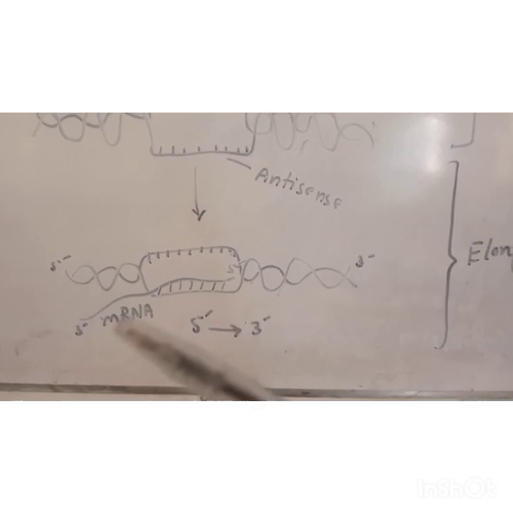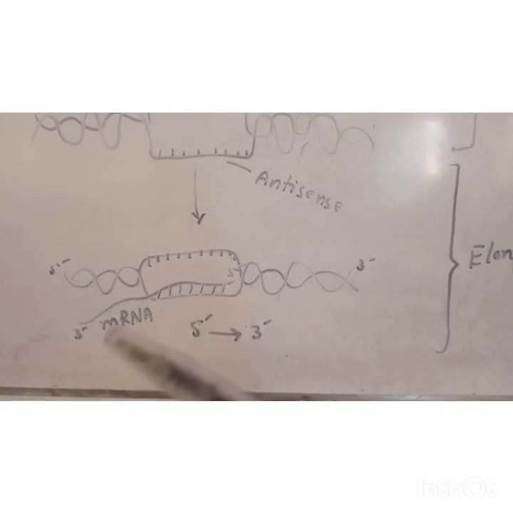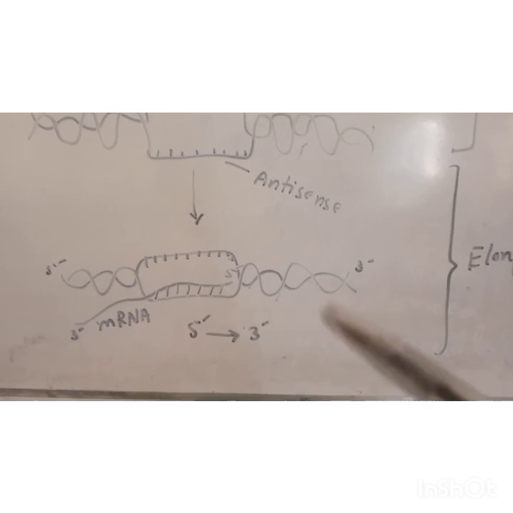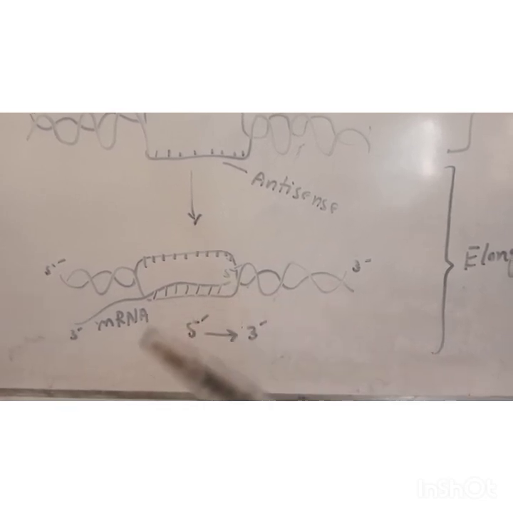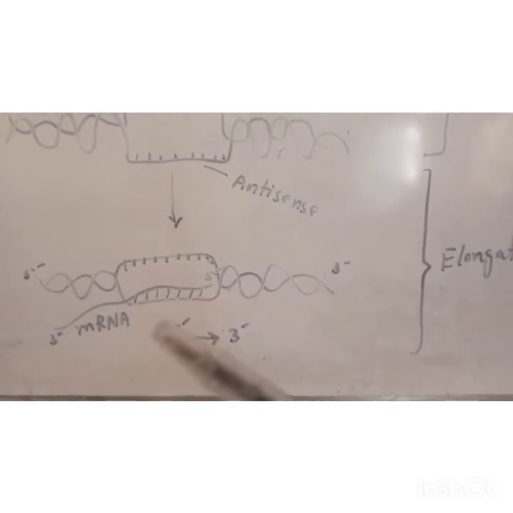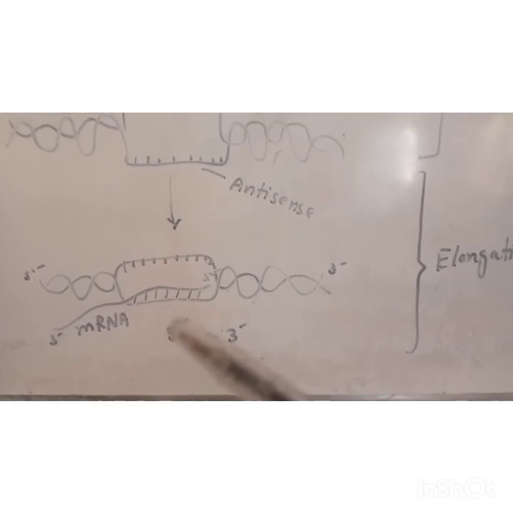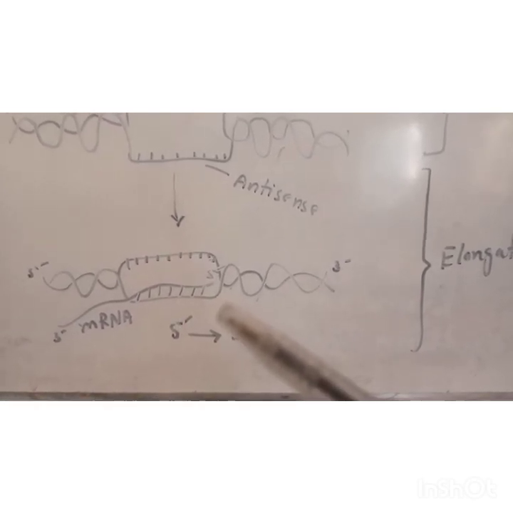So this is the messenger RNA that is transcribed at the promoter region, and this elongation process shall continue toward the terminator region.